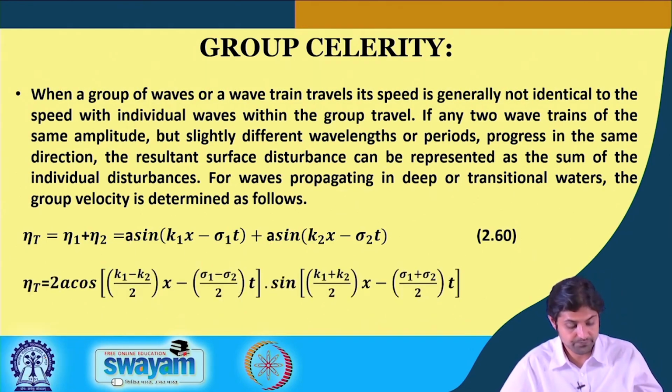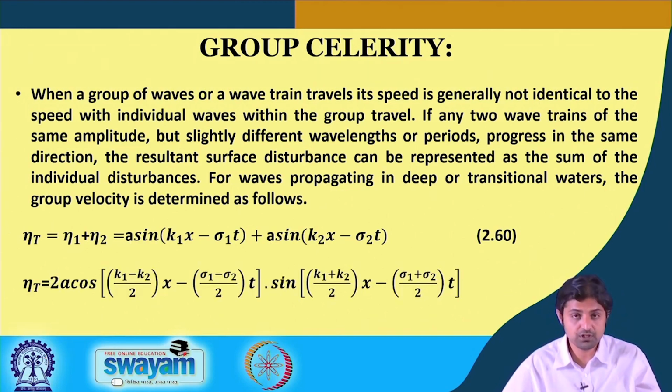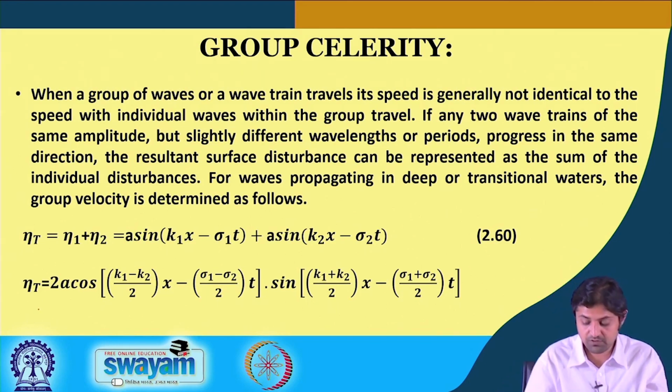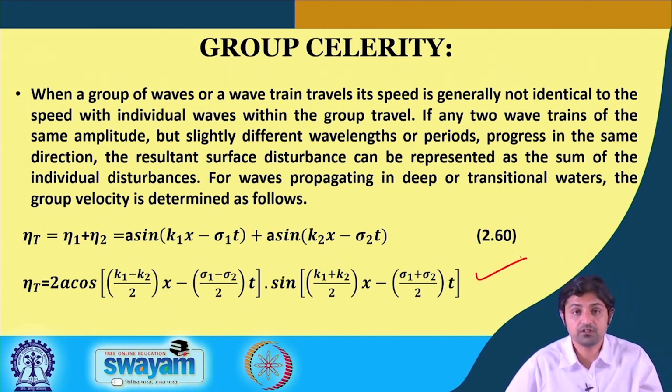Using trigonometry, we write it as 2a cos of (k1 minus k2) by 2 x minus (sigma 1 minus sigma 2) by 2 t, times the sine of the sum term. This is what we get using trigonometry.